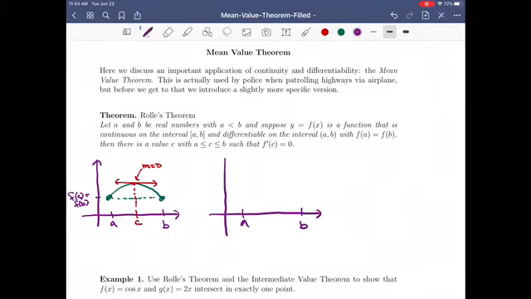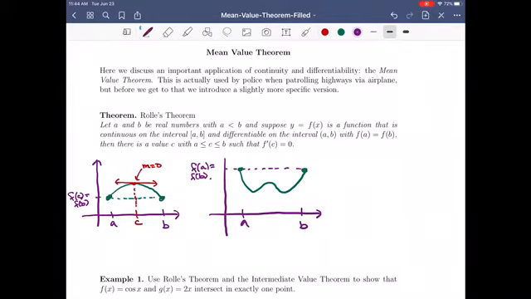Maybe I have it up here, and maybe it does something like this. Still we have that f of a and f of b are the same y value.